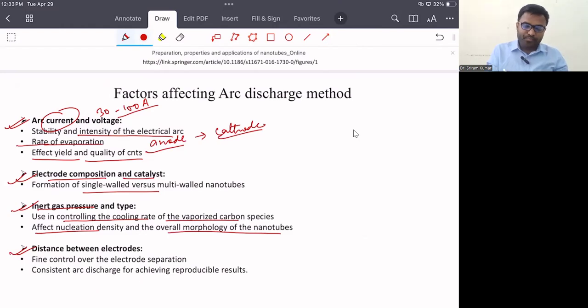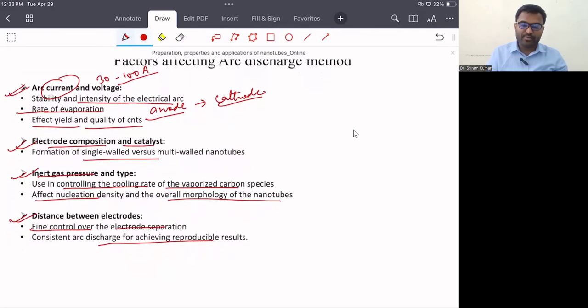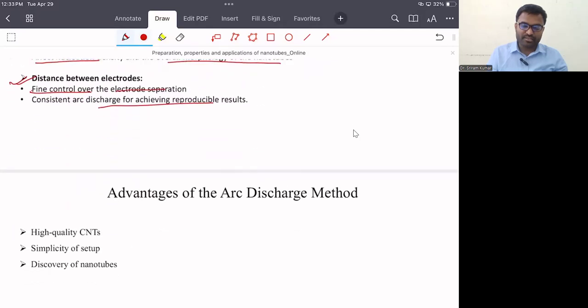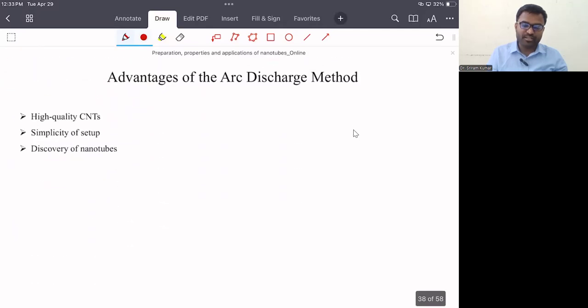So we need control over the electrode separation, and that will help us reproduce the synthesis of carbon nanotubes. These are the important factors to synthesize carbon nanotubes using the arc discharge method.